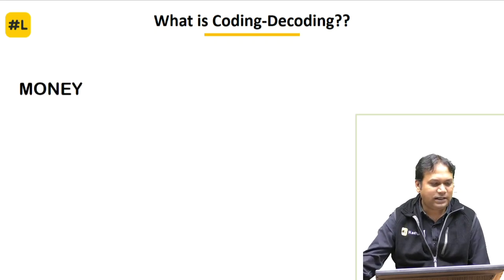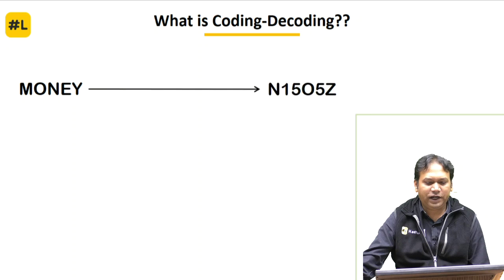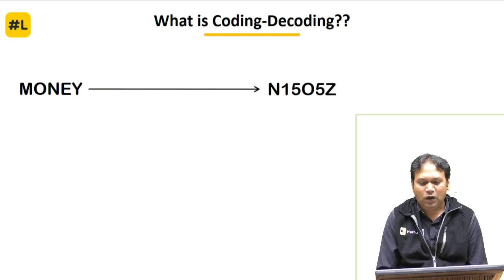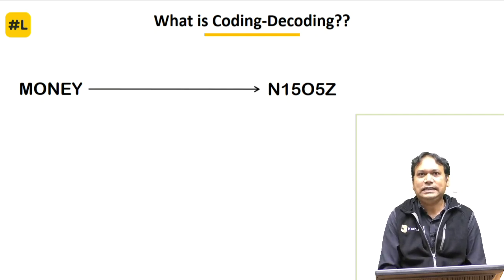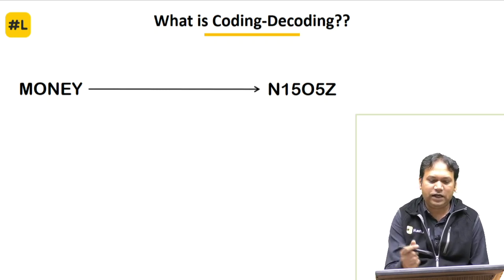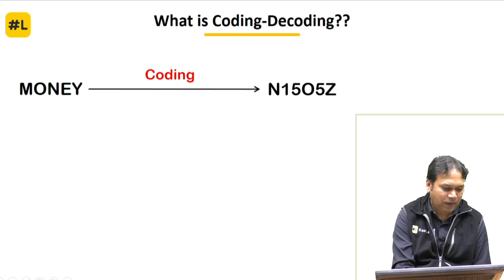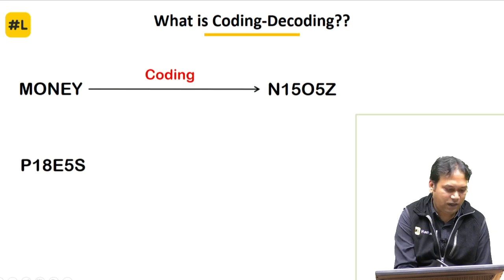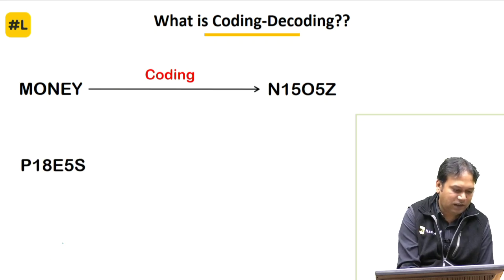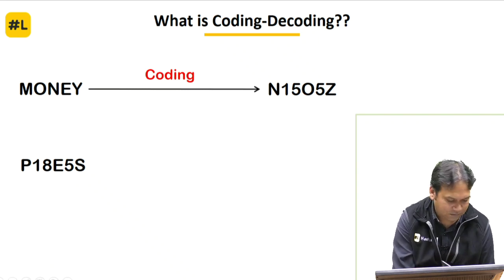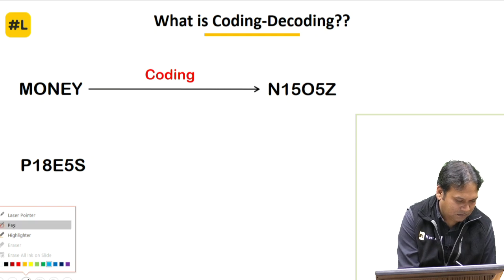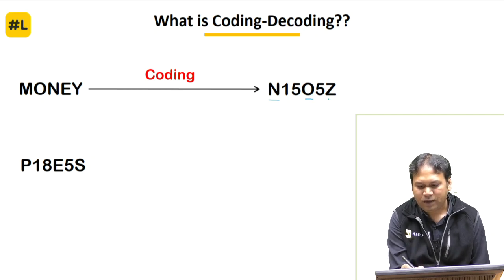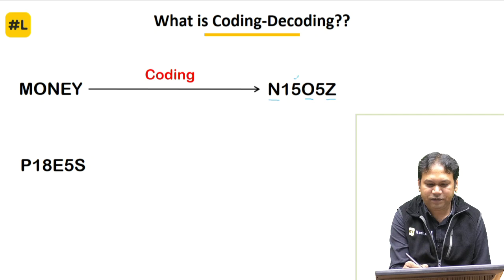For example, let's take this word money and I convert it to something entirely different, that is N, 15, 5, O, 5, Z. So what we have here, we have the letter N and O and Z and 2 numbers 15 and 5.